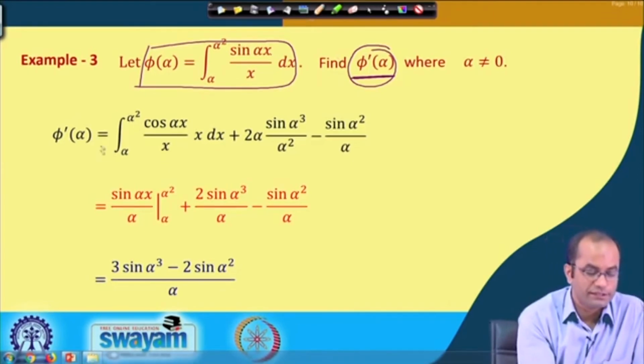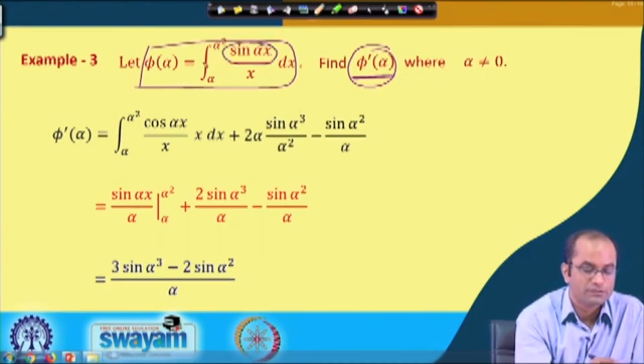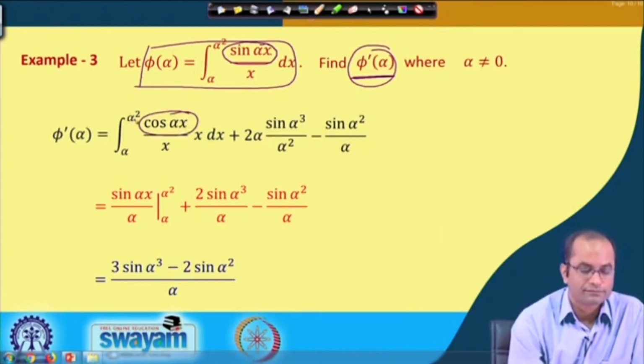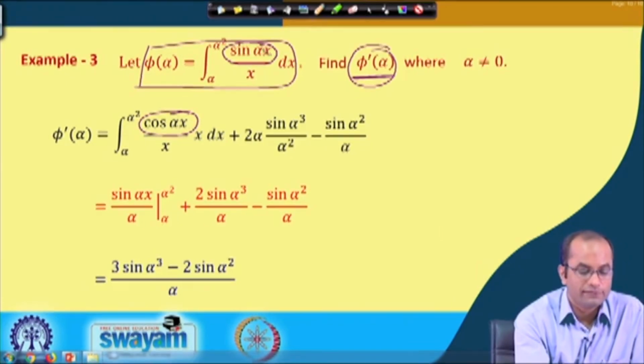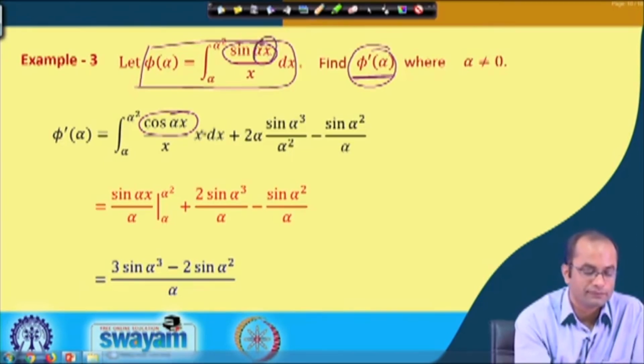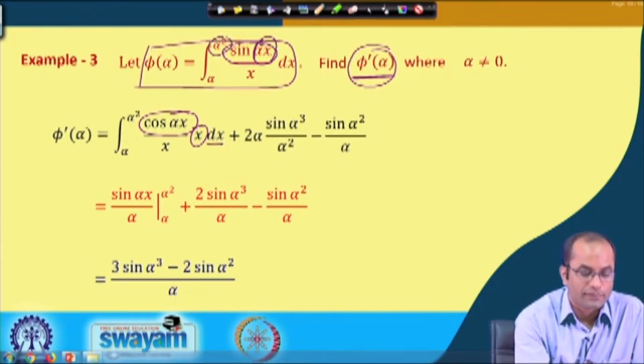If we differentiate under integral sign, naturally we will take the derivative of sin alpha x with respect to alpha. So, we will have cos alpha x, and then the differentiation of alpha x with respect to alpha will give us x there, and then dx, plus the derivative of the upper limit.